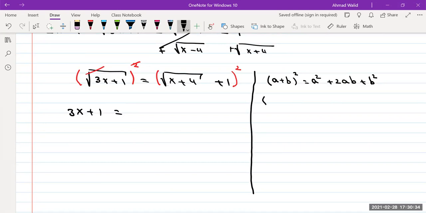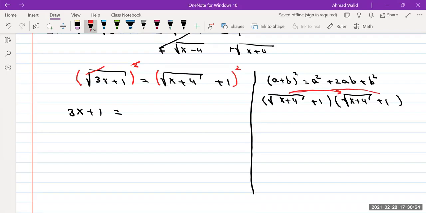You have to multiply square root of x plus 4, plus 1, with square root of x plus 4, plus 1, using the FOIL method. The first term multiplied with both: square root of x plus 4 times square root of x plus 4 gives you x plus 4, two of them squared, right?